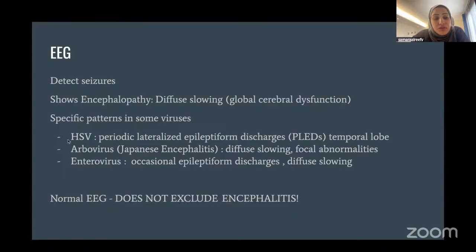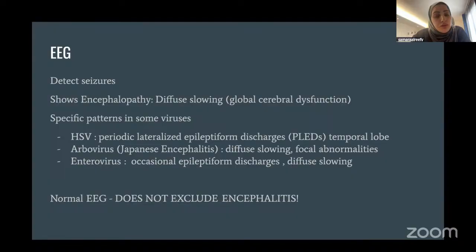Specific patterns in HSV, you will see periodic lateralized epileptiform discharges, so we call them PLEDs, in the temporal lobe. In arbovirus or Japanese encephalitis, you'll see diffuse slowing with focal abnormalities. And enterovirus, you will have occasional epileptiform discharges or diffuse slowing. Normal EEG does not exclude encephalitis.